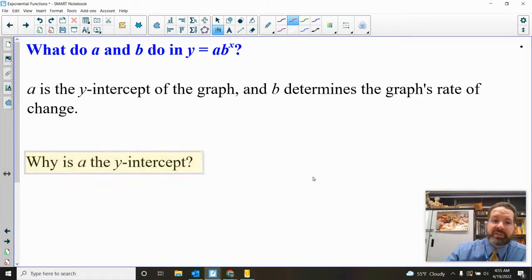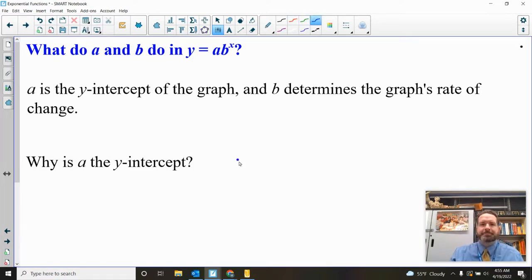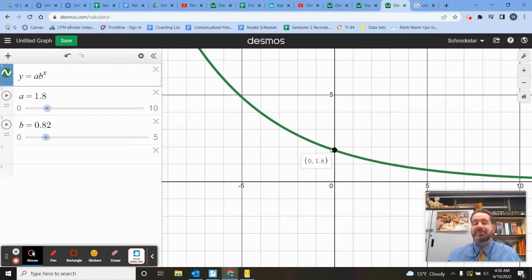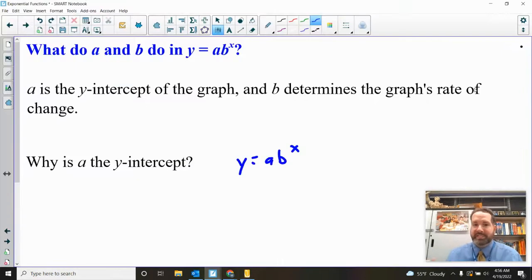Let's wrap up this discussion this way. I'd like you to understand why A gives you the y-intercept. For that, I need us to think about what it means to be on the y-axis. Any point on the y-axis is going to have an x-coordinate of 0. Every time, all the time.